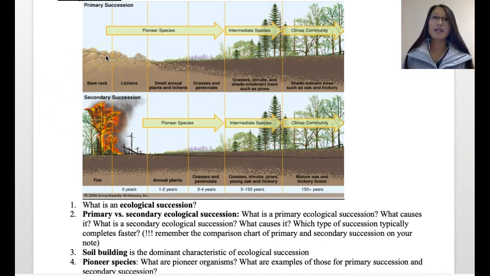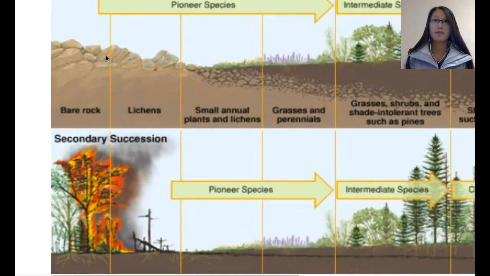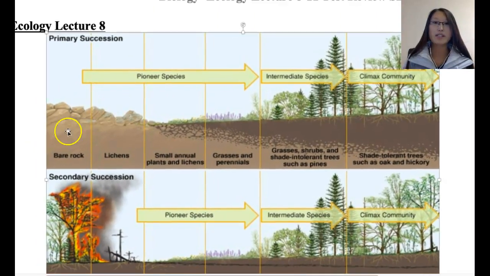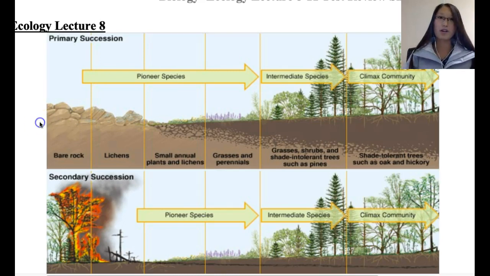But you have to know how to break this down even without these labels. So let's first take a look at the primary succession, which is right here. For primary succession, we always start with bare rock or some sort of concrete or volcanic eruption residue. But either way, there is no soil.